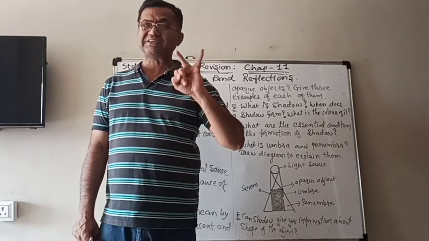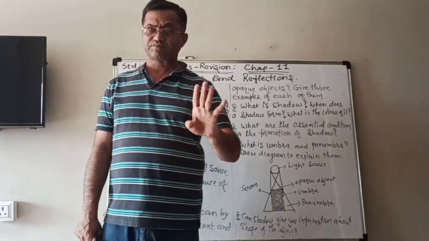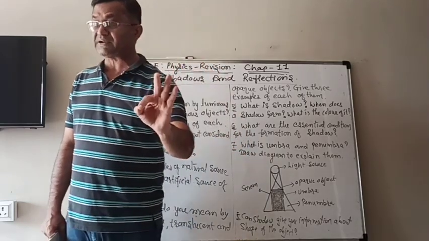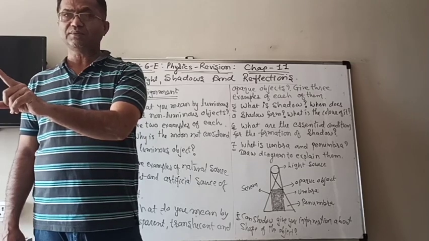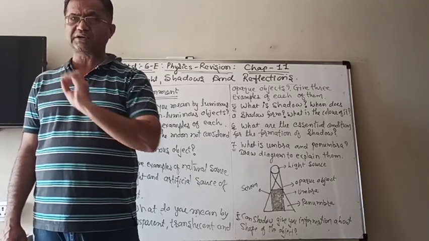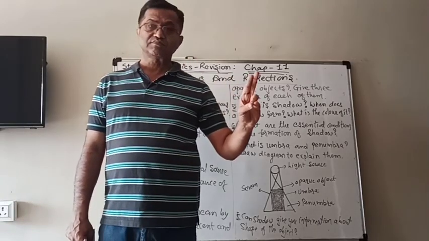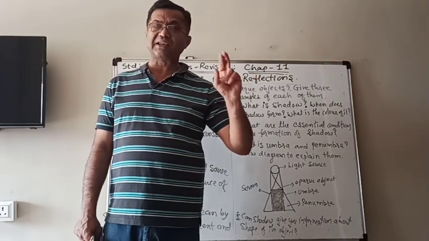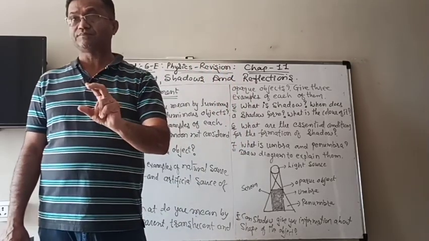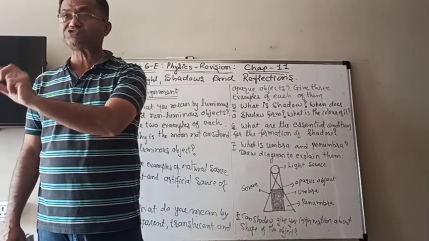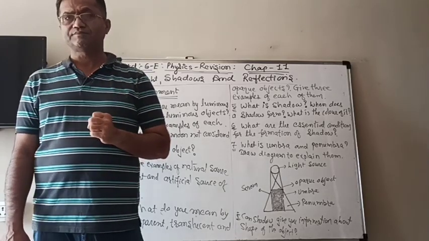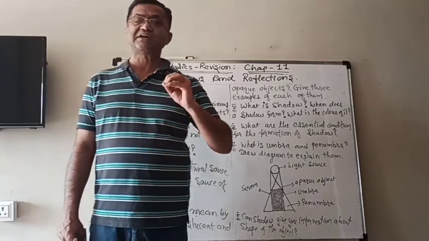So we learn about three types of objects. Those which allow the light to pass through them completely are transparent objects. For example, glass, clean water. Second, the objects which allow the light to pass through them partially are translucent objects. So we cannot see clearly, and those are translucent.